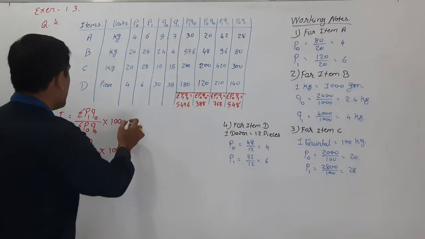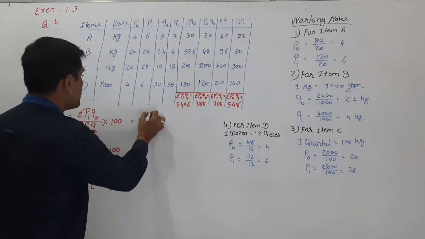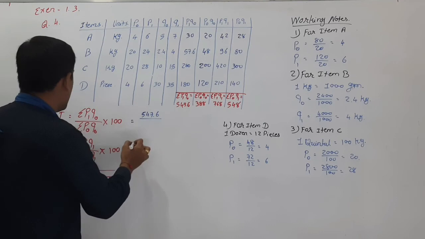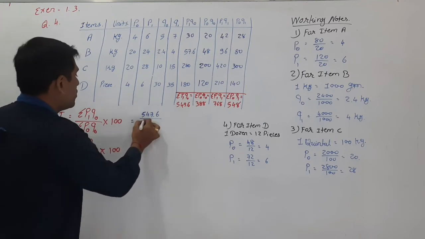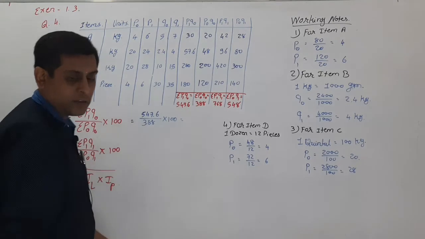Right? So this is the formula, and now just putting in the values. What is sigma P1 Q0? That is 547.6 divided by P0 Q0, 388, into 100. What is the answer?